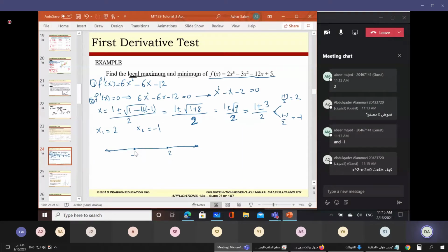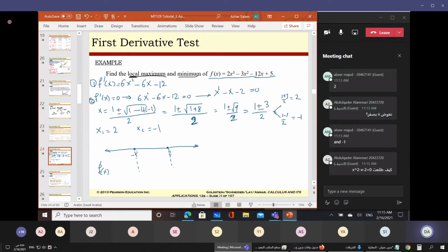Then find the sign of the derivative f dash of x. Okay, I choose any number less than minus 1 in this interval.